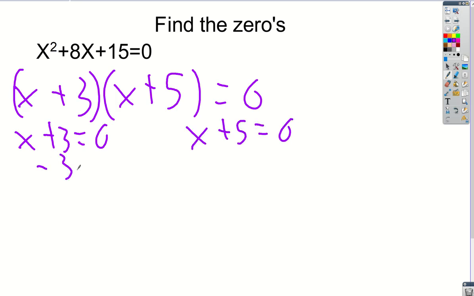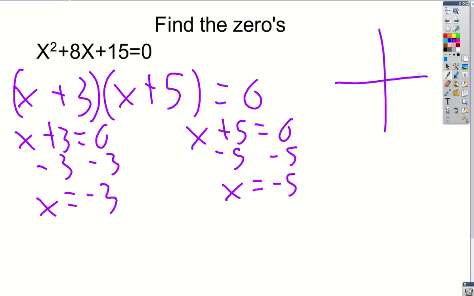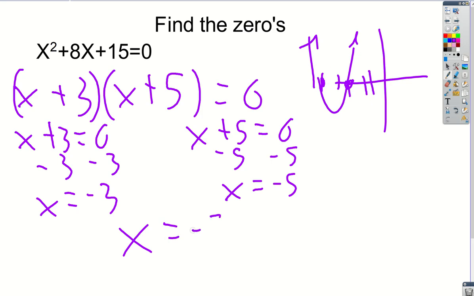Then we subtract 3 from both sides to find our x-intercept, and 5 to find this x-intercept. So this graph is crossing between -3 and -5 and looks something like that. So my x-intercepts are -3, -5.